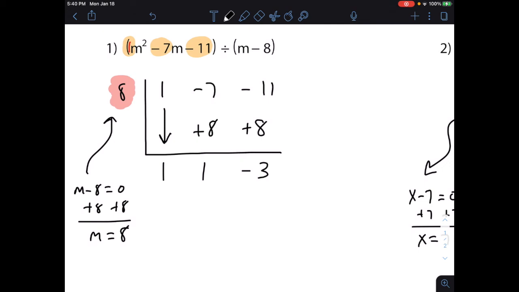So the first number, the first 1, is an m term. The second number is our constant, and the third number is our remainder. Okay, so what we're going to end up with is 1m plus 1, in this case minus 3, because it's a -3, divided by m minus 8.